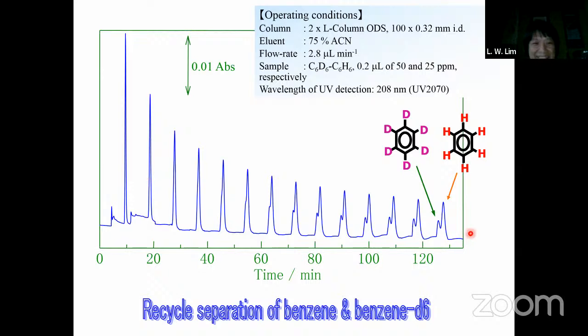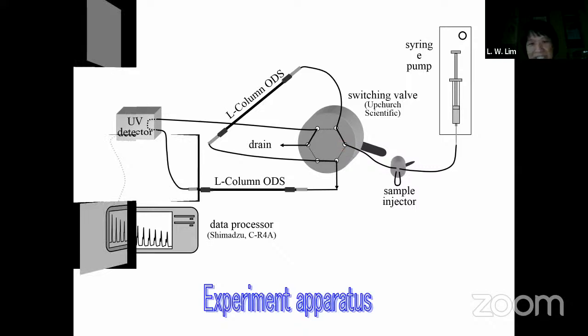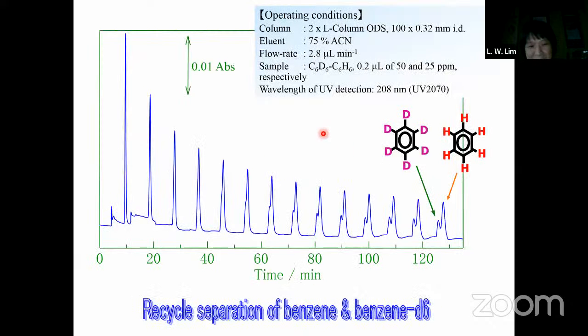Another thing you have to see is that this valve is actually a manual valve. So at the time I was a PhD student, every 10 minutes I had to watch the detector. When I saw the peak, I had to switch.